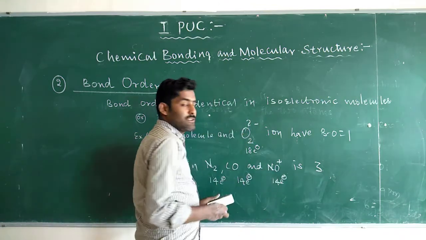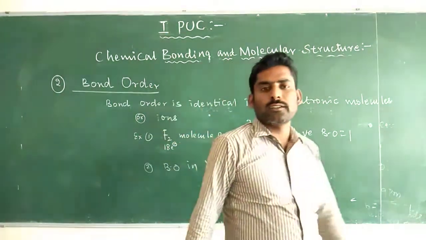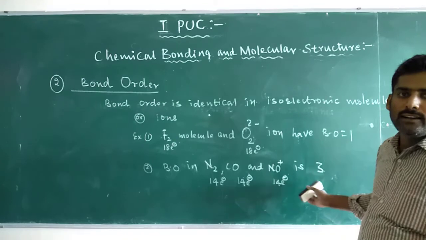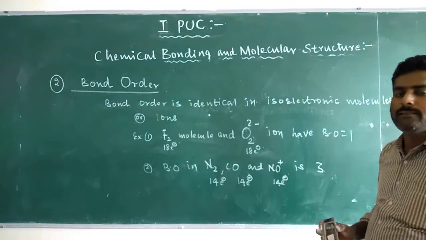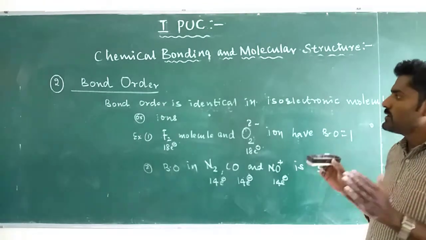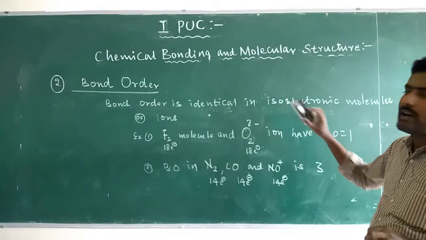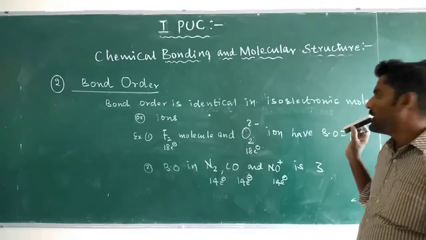So they are called isoelectronic molecules or species, and they have bond order 3. So totally, isoelectronic species or isoelectronic ions have identical bond order.